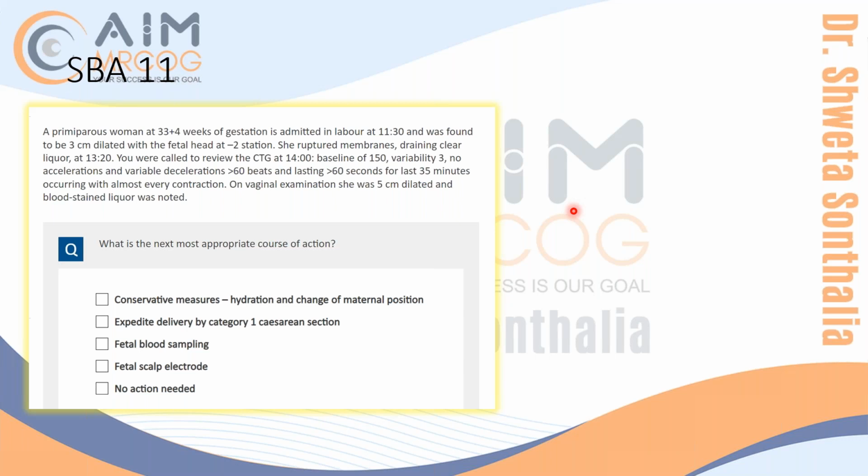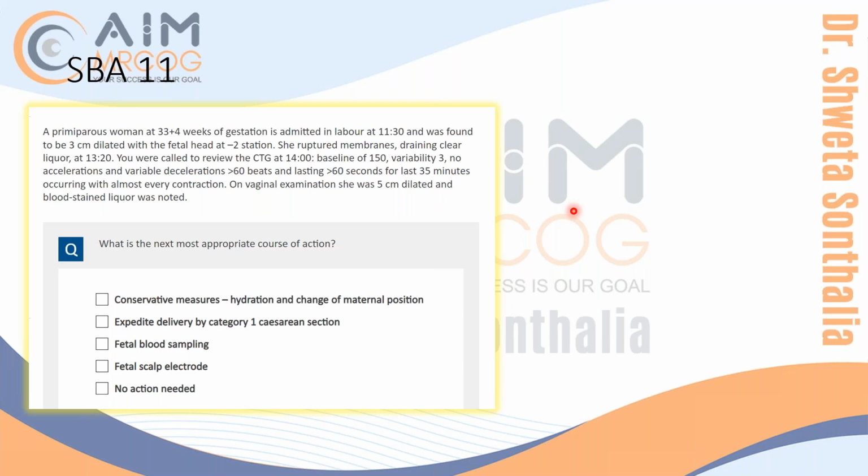A primigravida woman, 38 plus 4 weeks of gestation, is admitted in labor at 11:30 and was found to be 3 centimeters dilated with fetal head at -2 station. She ruptured membranes and is draining clear liquor at 13:20. You were called to review the CTG at 14:00.